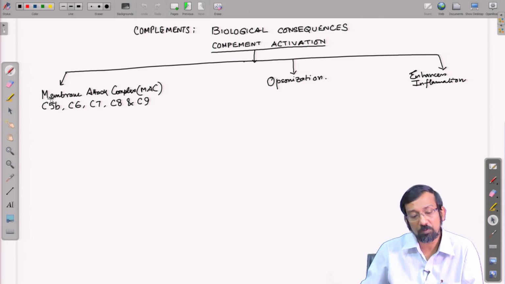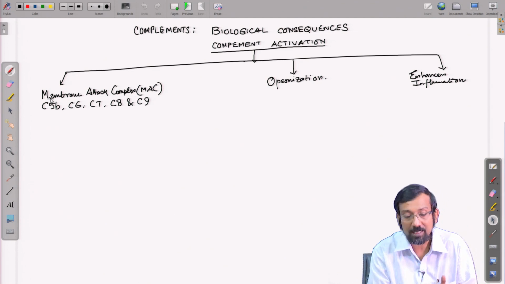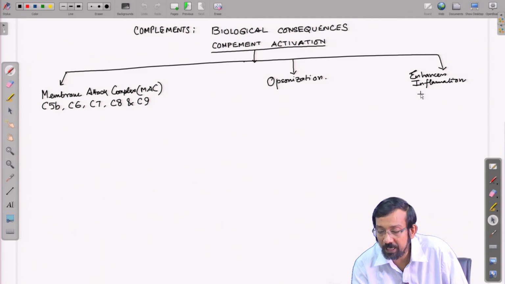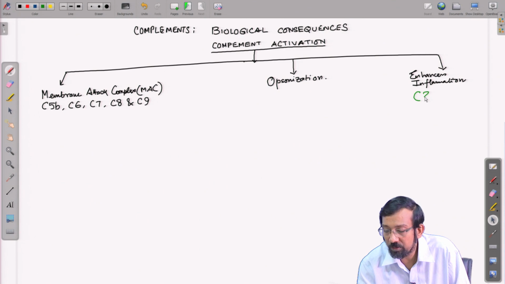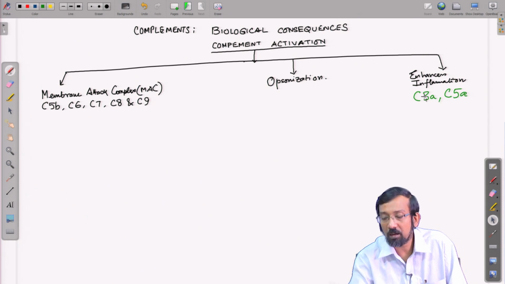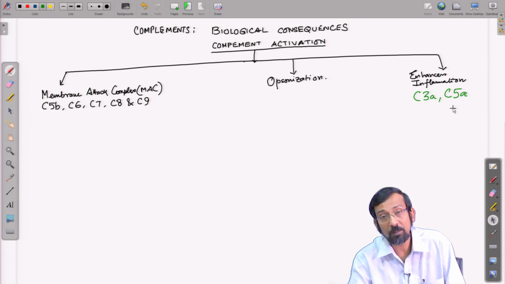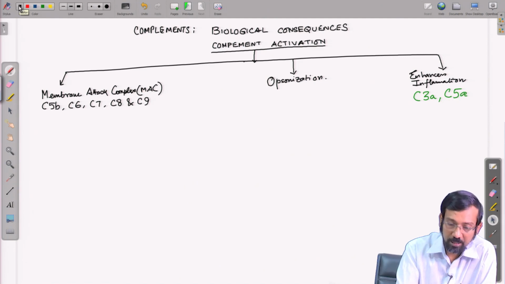It is a cleavage product of C5, which forms C5a and C5b. Once these A fragments are produced, we take them here. C3a and C5a, we put them here because they are the major mediators of inflammation. We will discuss how they mediate inflammation later on, but for the time being let us look into this membrane attack complex.